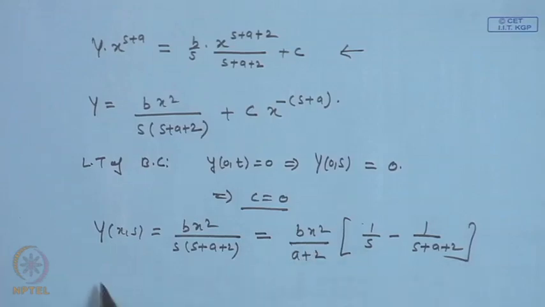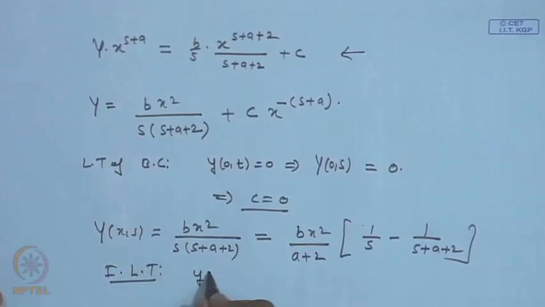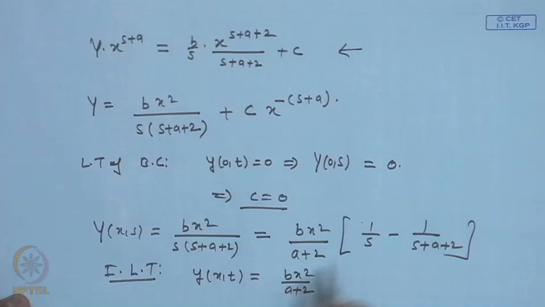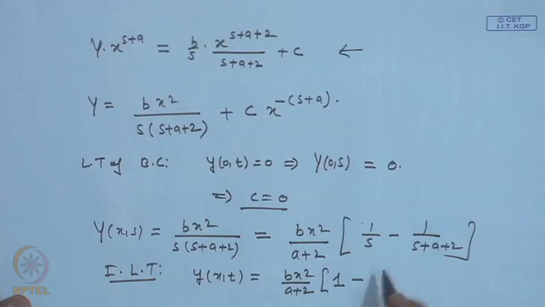So, these are the partial fractions, and now if we take the inverse Laplace transform, we will get y(x, t) will be b x square over a plus 2, and then the Laplace inverse of 1 over s, we have 1, and minus the Laplace inverse of this function, this is e to the power minus a plus 2 t.